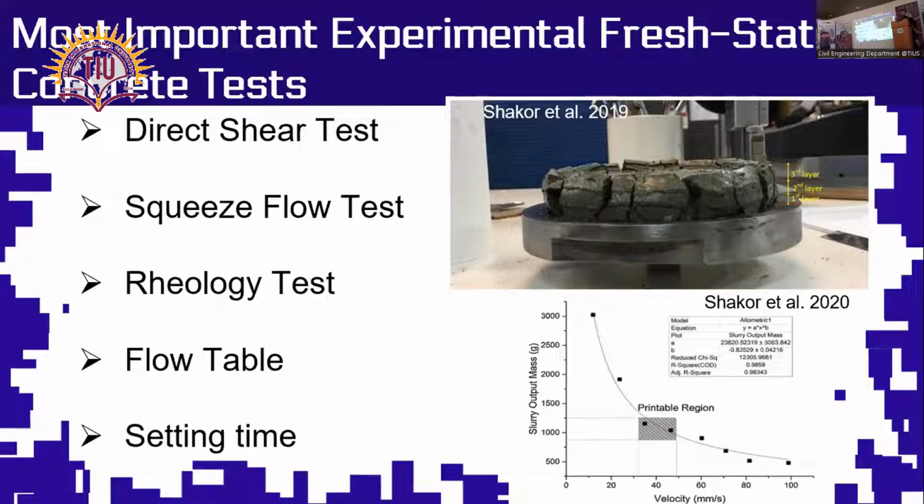If it is too slow, we have a problem because it makes a cold joint with the next layer. If it is too fast, we may have an issue with collapsing. As you saw in Brianci's presentation earlier, all the layers can collapse on each other. So that window is very important. I published a paper in 2020 where I discussed especially the velocity of the robotic arm.